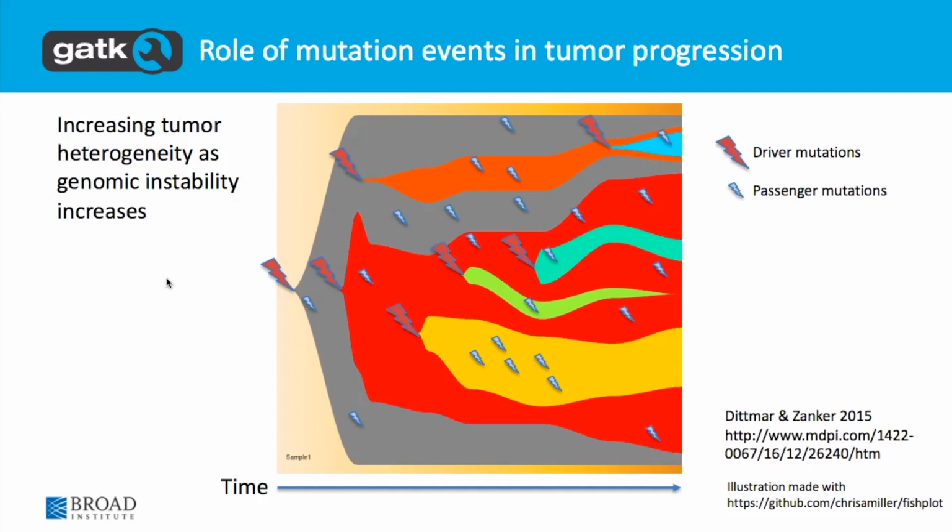Because it means that let's say we sample at this point, we have these multiple populations, and so when we're ultimately looking for a variant, especially if we're looking for driver mutations, they're only going to be present in a subset of the cells that we're sampling.